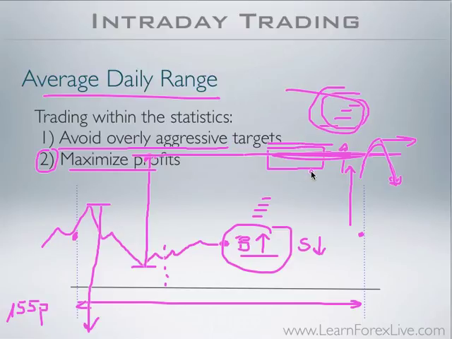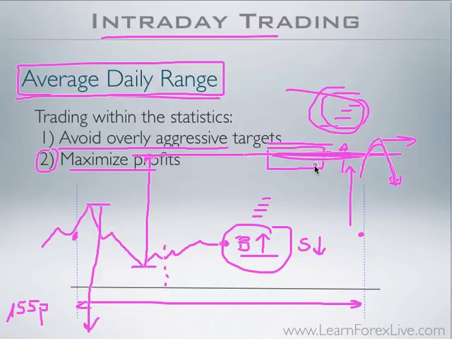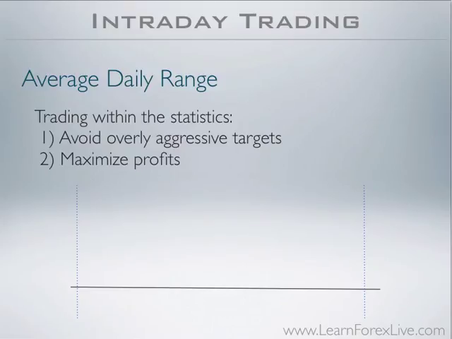So that's the way we are going to be implementing the average daily range in our daily intraday trading routine, all right, in order to locate our final targets at the most optimal level, around that average daily range calculation figure, all right?